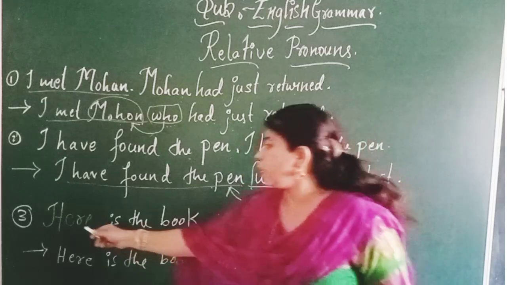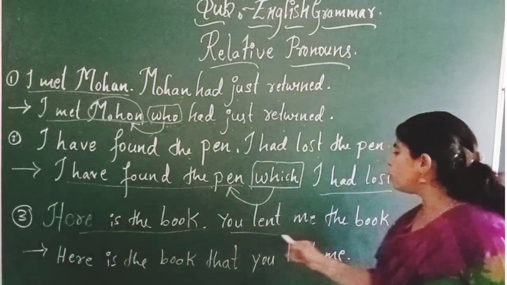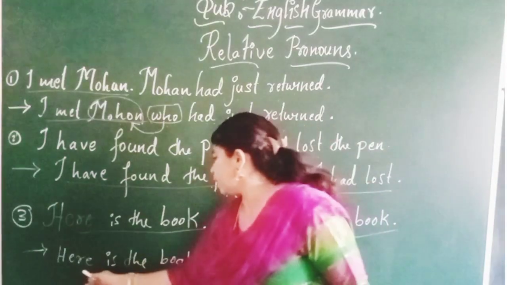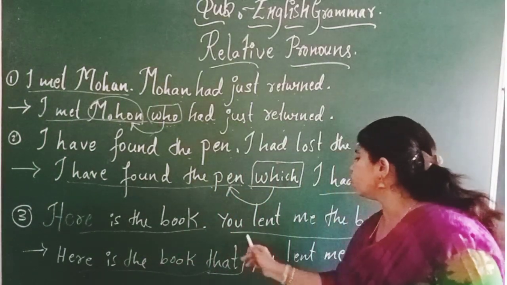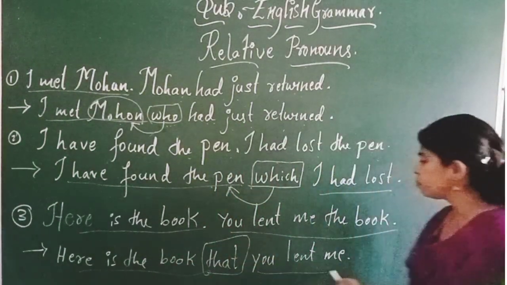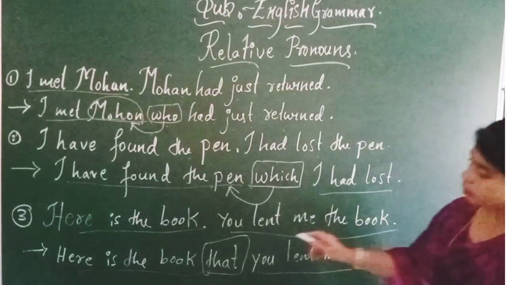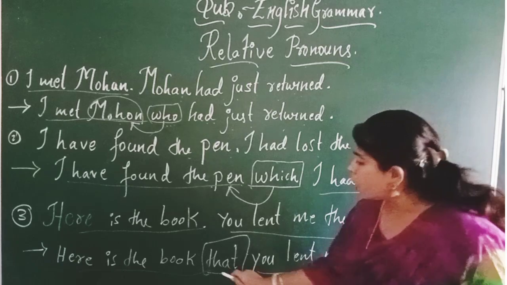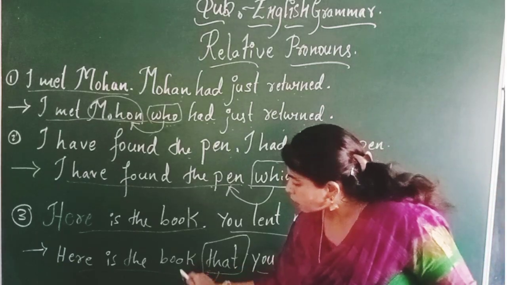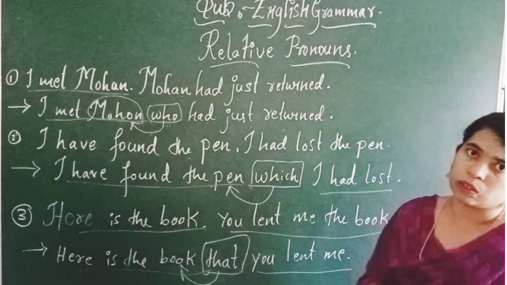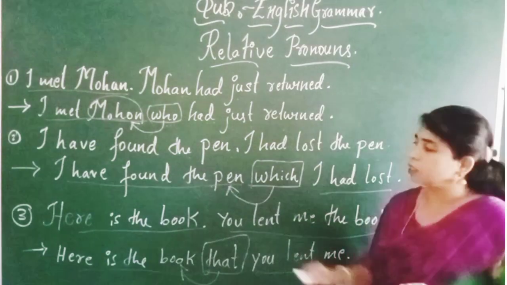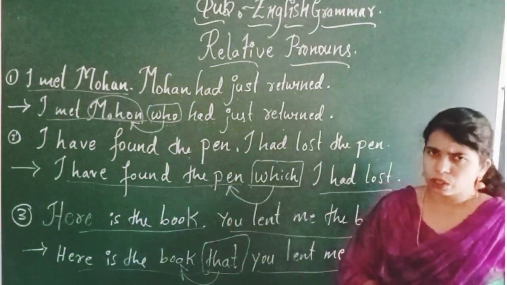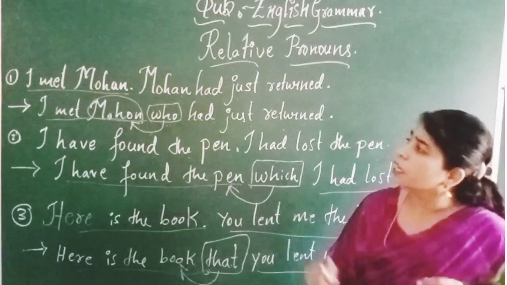Okay. Here is the book. You lent me the book. Here is the book that you lent me. These words which are in the box are relative pronouns, which speak about the noun just before. I hope you have understood this.